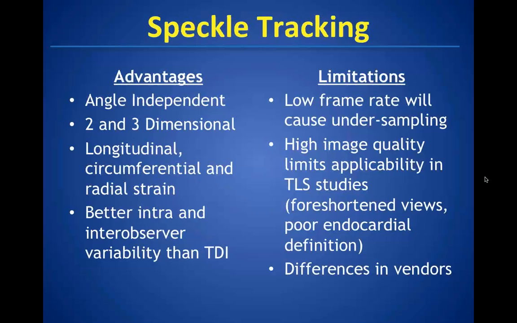It can give you longitudinal, circumferential, and radial strain, and has better variability than tissue Doppler imaging. Limitations include that a low frame rate can cause undersampling, and a high quality image is necessary because with technically limited studies, the strain will also be technically limited. There are also differences between vendors.